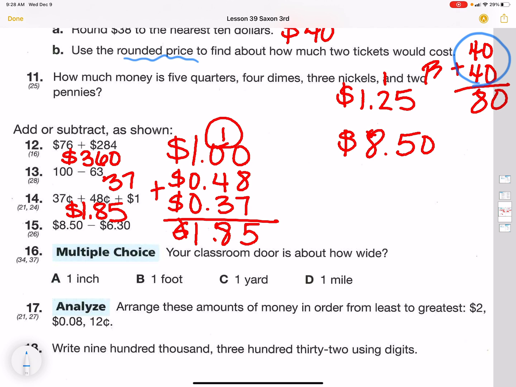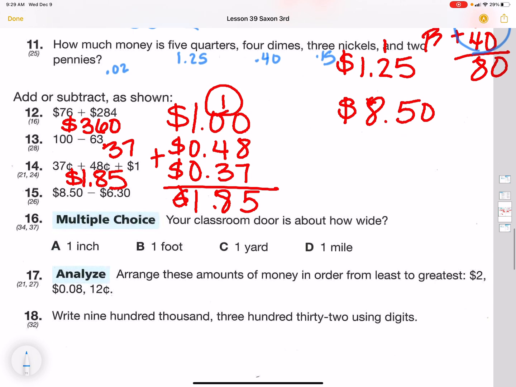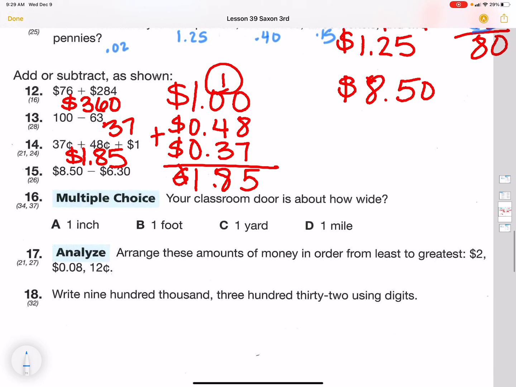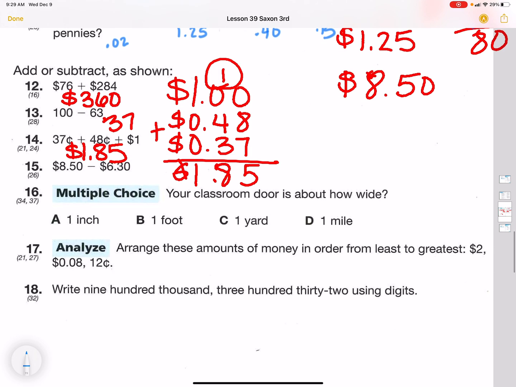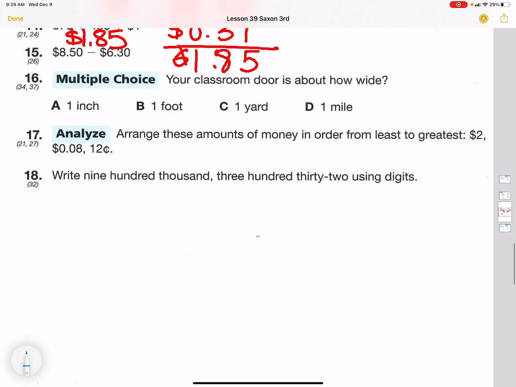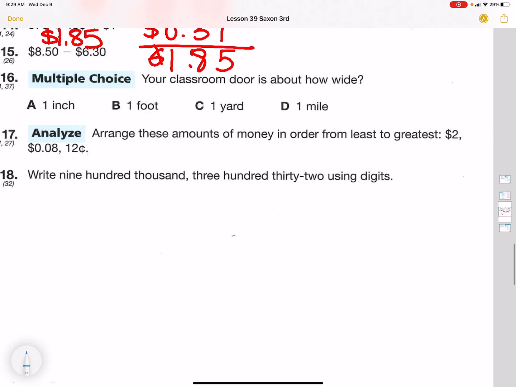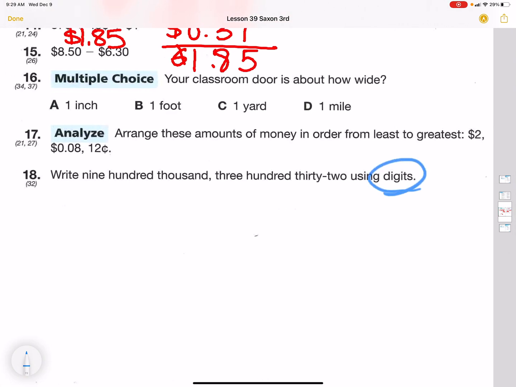I guess I've erased that work, but 5 quarters is $1.25, 4 dimes is 40, 3 nickels is 15, and 2 pennies is 2 cents. So you just add all those up. Not going to read all those to you. Make sure you don't do this one in words. It is in digits.